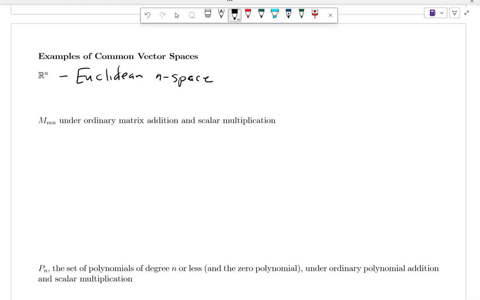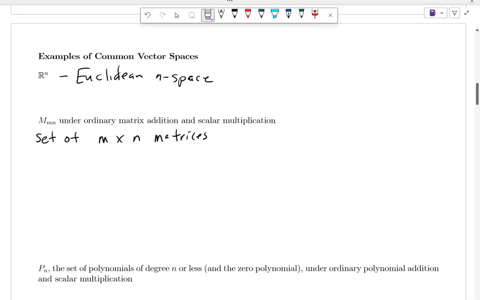M sub mn is your set of m by n matrices. Notice here we're saying under ordinary matrix addition and scalar multiplication. What we mean by that is, how do you add two matrices together?